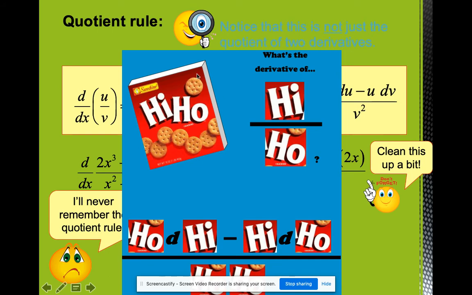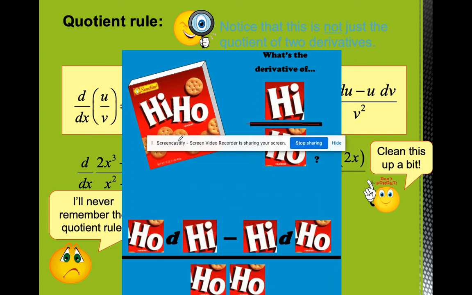So anyway, if you go to the store, you can buy these Hi-Ho crackers. And if you want to remember the derivative of a quotient where the numerator is high and the denominator is ho, well, it is the denominator, ho, d high, minus high d ho, all over ho ho, right?